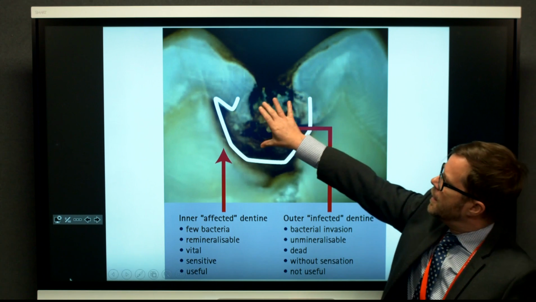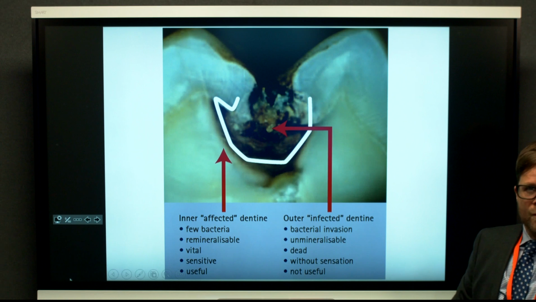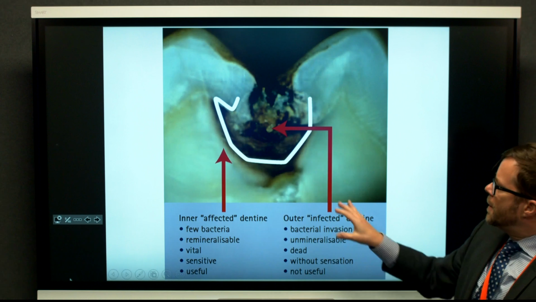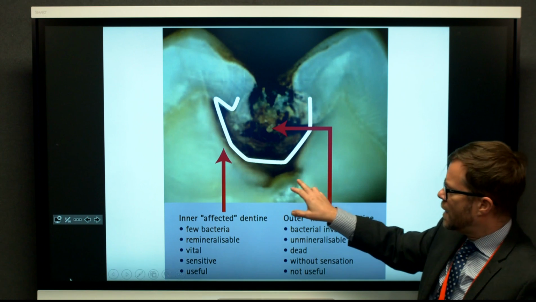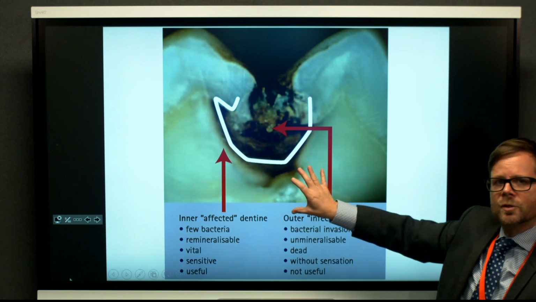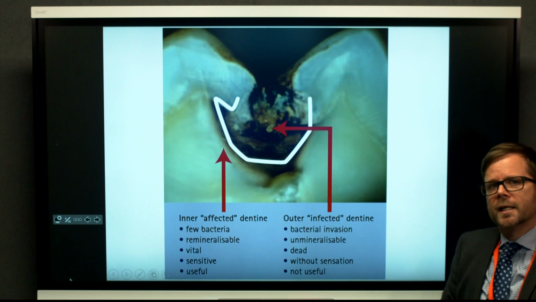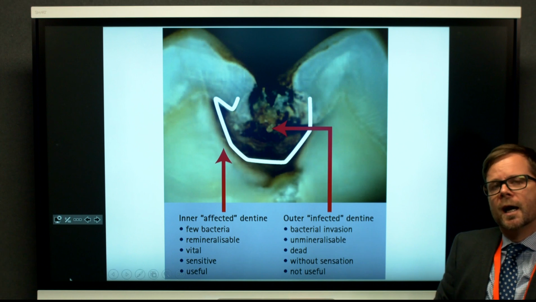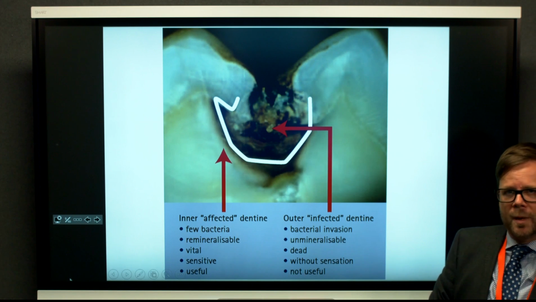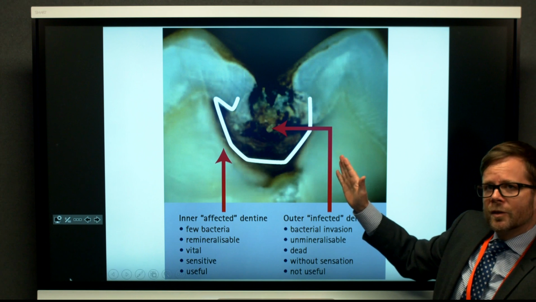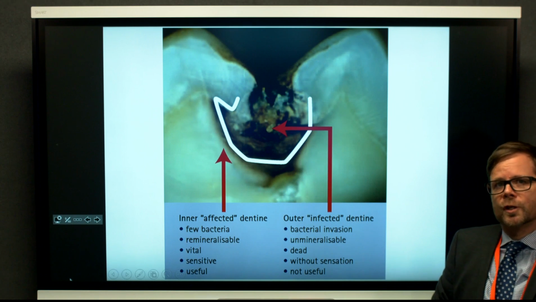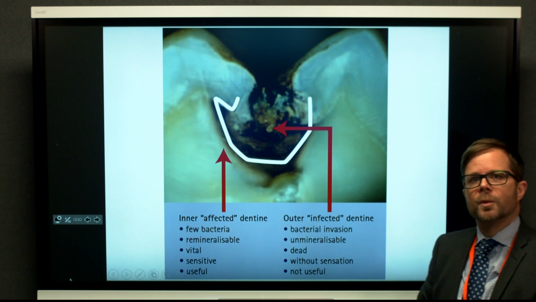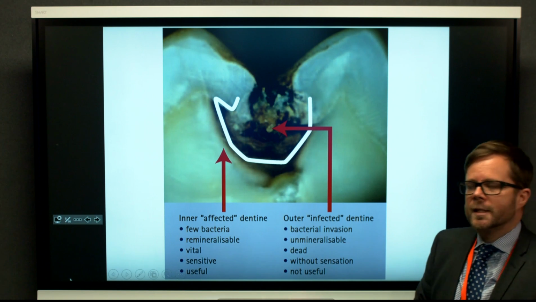The outer infected area needs to be excised or removed during the cavity preparation process, but the inner so-called affected dentine can be retained because we can actually remineralize that and keep it in place, so that we're keeping more of the tooth structure than perhaps we would have in the past. That means we're weakening the tooth less, and we're not getting as close to the pulp, so there's less chance of insulting the pulp and getting inflammation of that tissue.